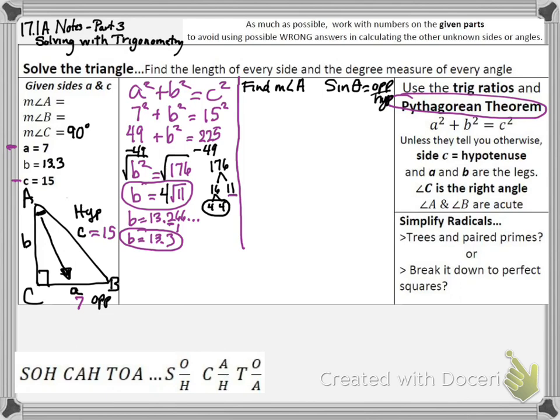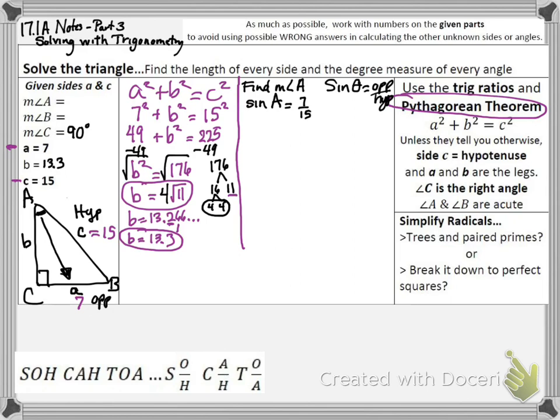On page 1 of the notes, in the last video, we kept saying, take the sine of the only angle you know, because we don't know any of the angles. So how about the sine of the angle I want to know equals the side opposite from that, which is 7, over the hypotenuse, which is 15.